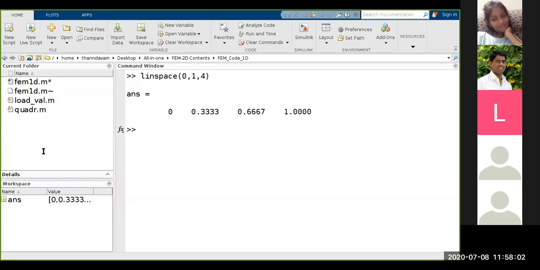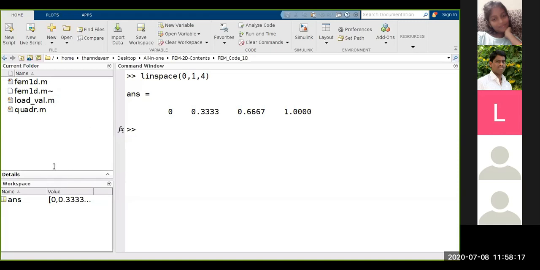So f equal to load underscore val. I want to compute the local load vector, and then capital A is the place where we assemble. I will come to this load underscore val and show you.